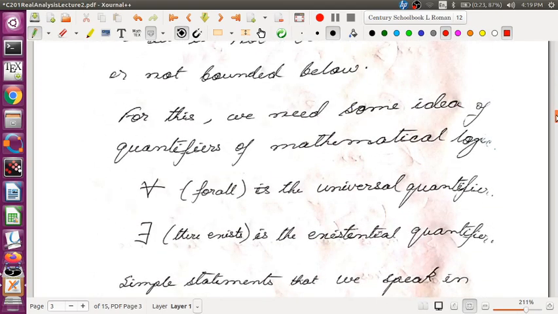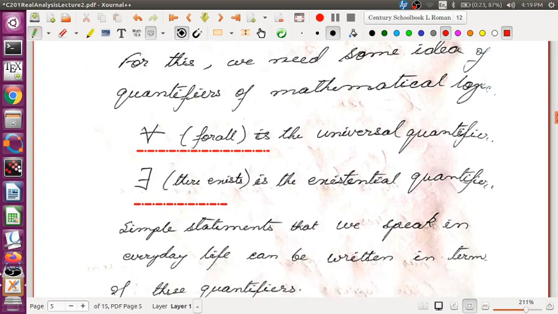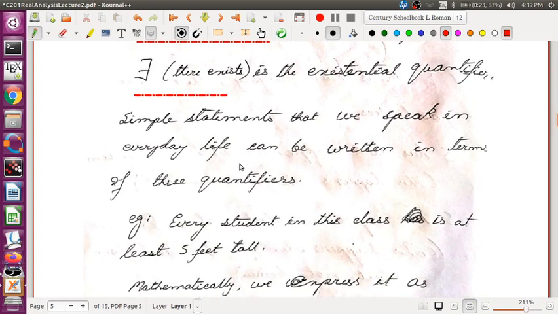For this we need some idea of quantifiers of mathematical logic. Basically these two quantifiers: for all, that is for all or for every or given any, is the universal quantifier, and there exists is the existential quantifier. Simple statements that we speak in everyday life can be written in terms of these quantifiers.